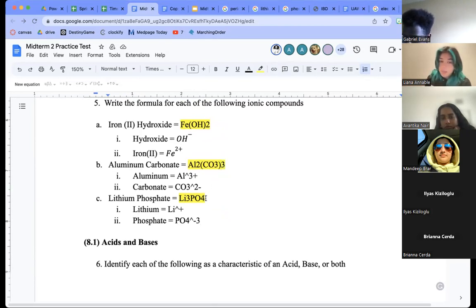But in this case, PO4, there's nothing being altered. So you don't necessarily need it, because that 4 is part of the PO4. So you don't need to worry about it.